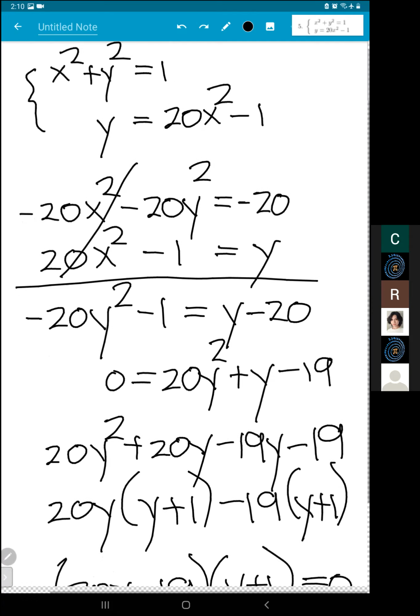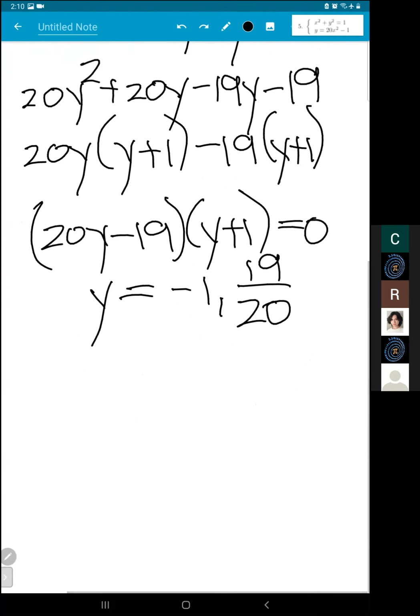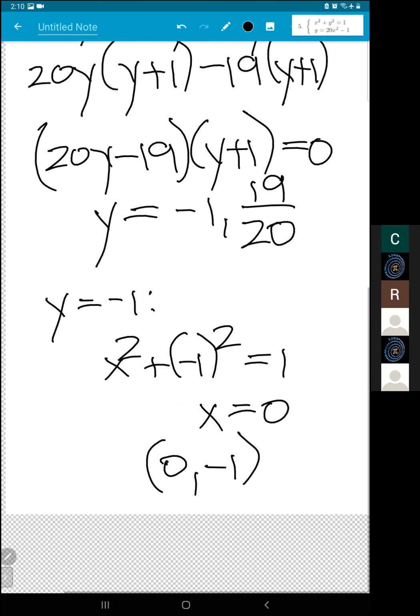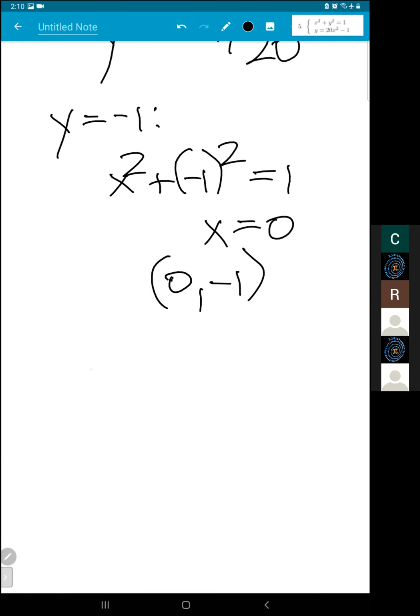x squared plus y squared equals 1. So if you consider y equals -1, you get only one value for x. That gives you the ordered pair (0, -1). Then you do the same for the other solutions.